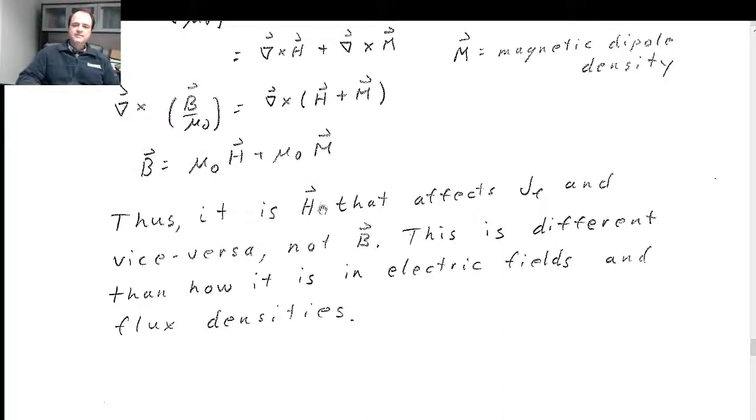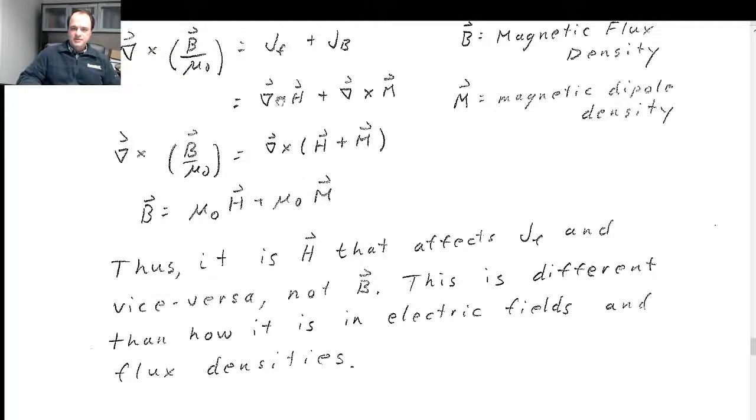Thus, it is H that affects JF, and vice versa. Not B. B is indicative of what's going on with the total current. So this is different: H is the field, B is the flux.